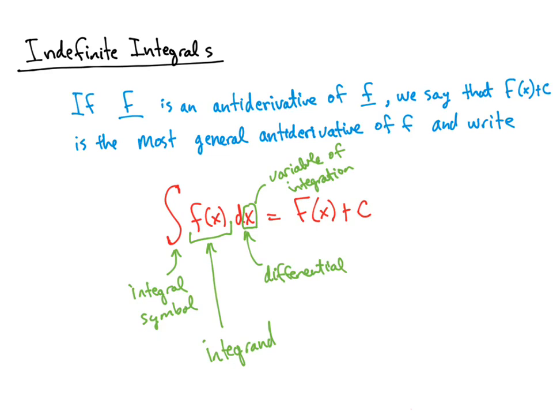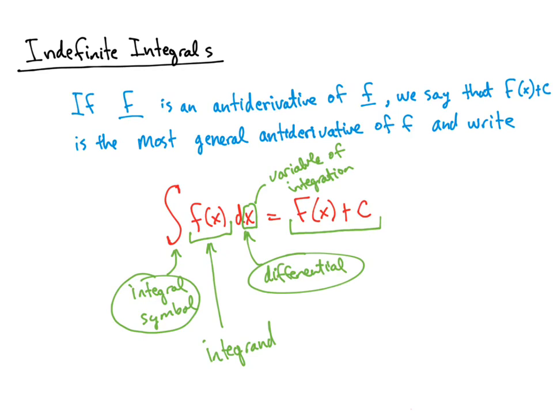We just need to know that whatever's between the integral symbol and the differential contains what we're taking the antiderivative of, or what we're integrating. And then the antiderivative is just over here.